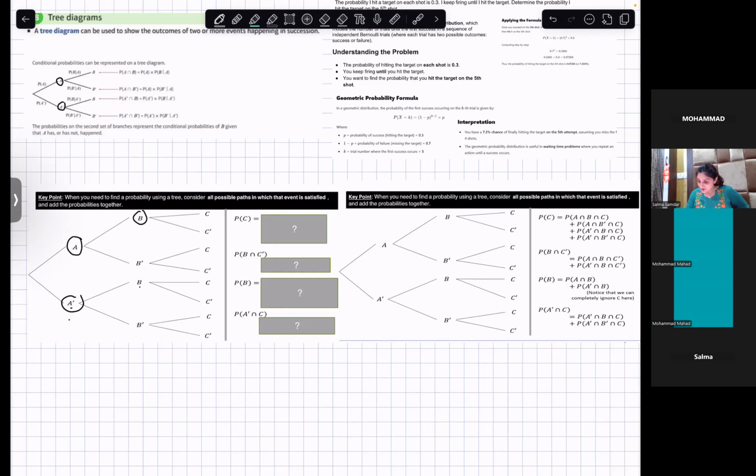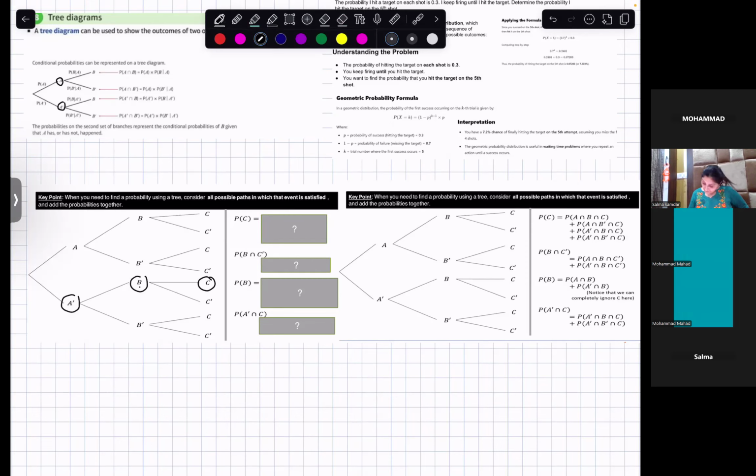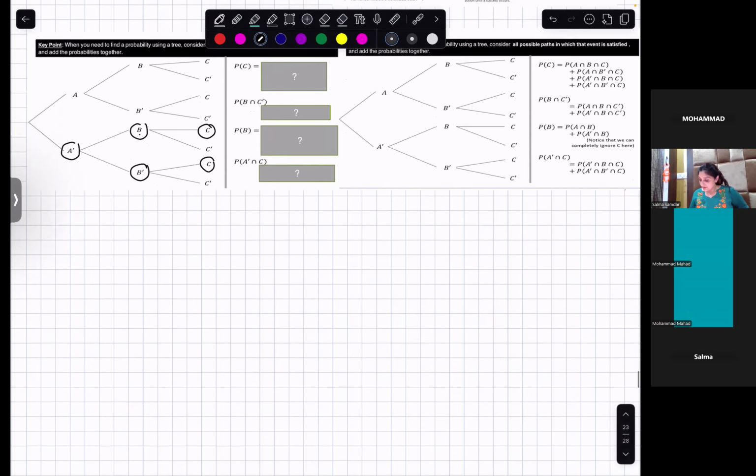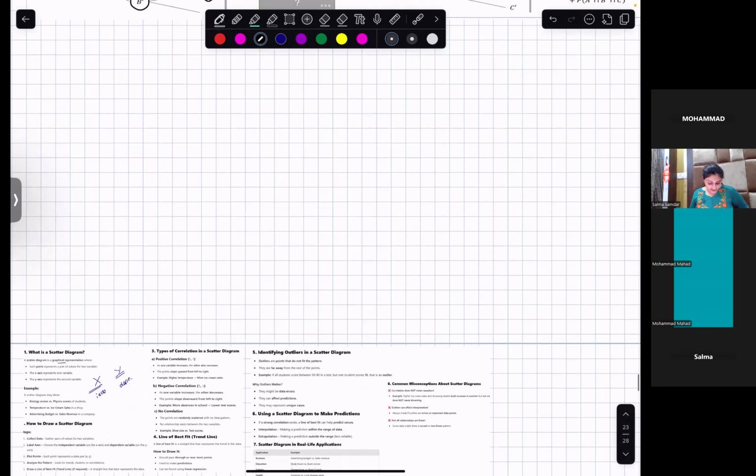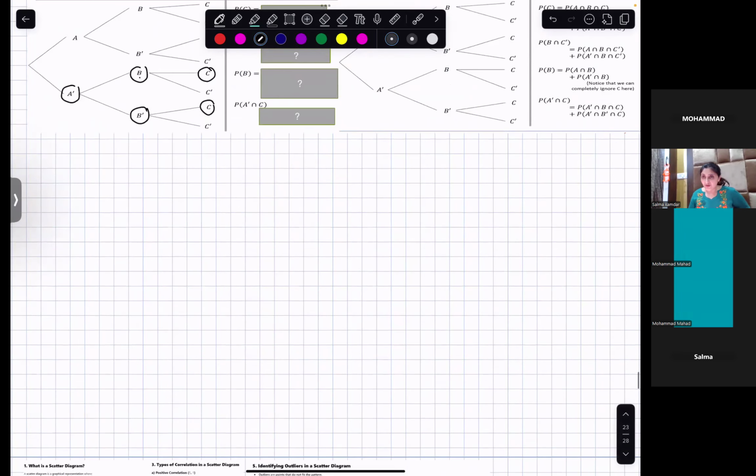A naught intersection C. So probability of A naught into probability of B into probability of C, plus probability of A naught into probability of B naught into probability of C naught. Sorry, okay.